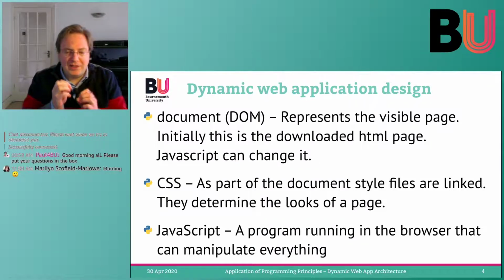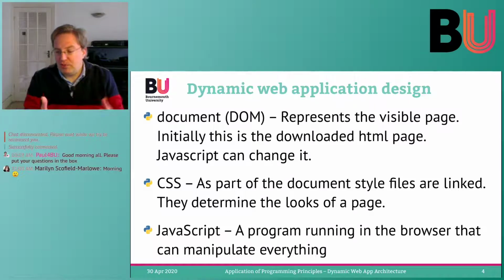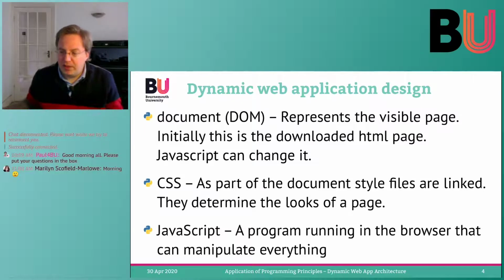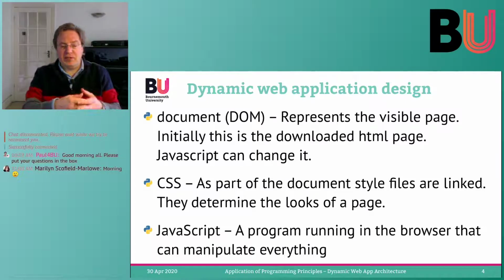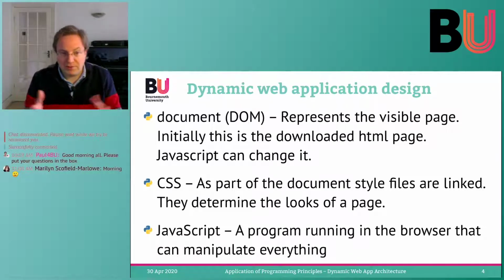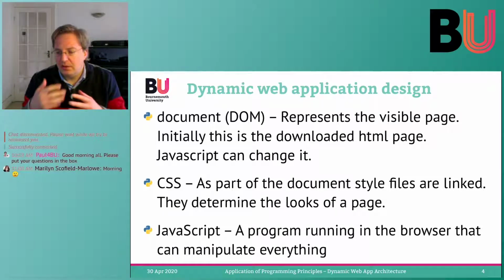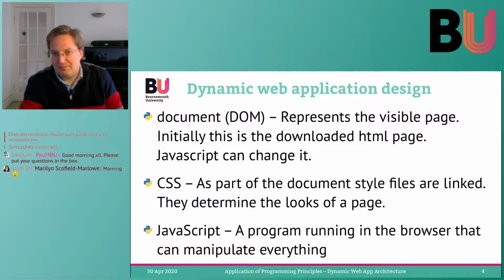Basically, JavaScript is just a bit of a program that you can run in the context of your web page. So it has this document model, it has this CSS, and you can also interrogate the CSS. There's a CSS object model as well that you can access. But if you want to set a CSS file, you can even set it in the HTML using JavaScript, and that will just make it work.